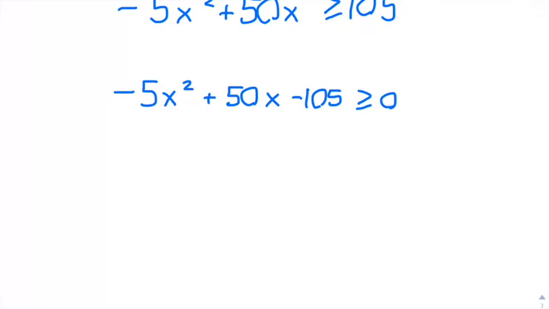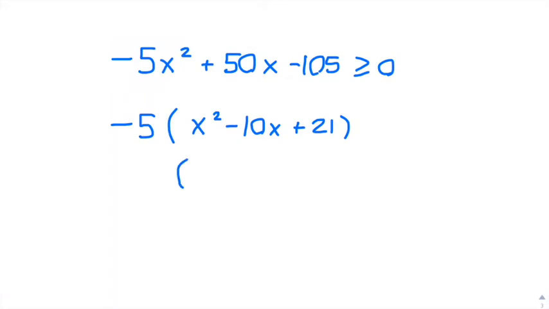Okay. From here, I need to factor. So I'm going to factor out a negative 5. And if I factor out negative 5, I'll be left with x squared minus 10x. Sorry, it's a little late here. And then, factoring out a negative, that'll be positive 21.